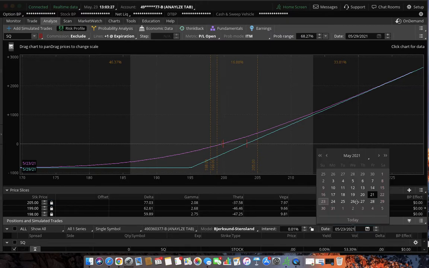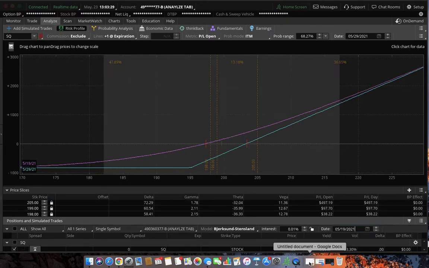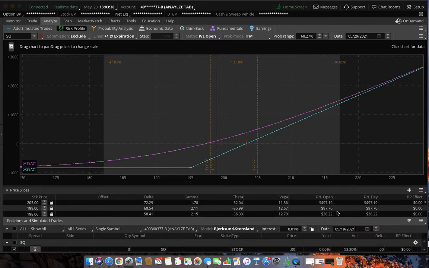Well, what's it look like then if it's on the 19th? And then that information changes for you. So now you can really see that same play that you were thinking about doing. If it was a week from now and you were already in the trade, this is how it would be looking right now.